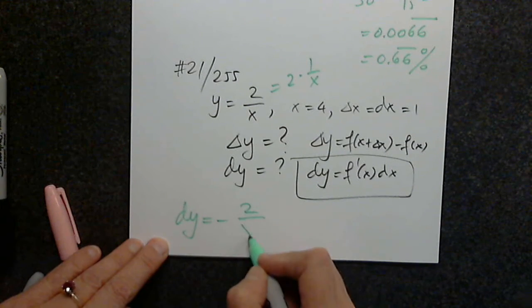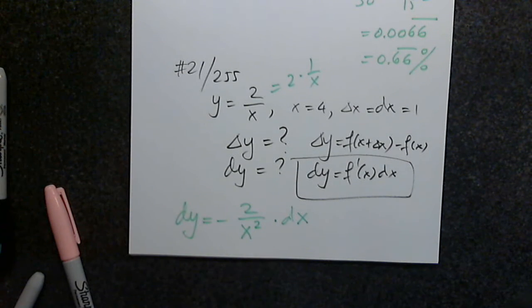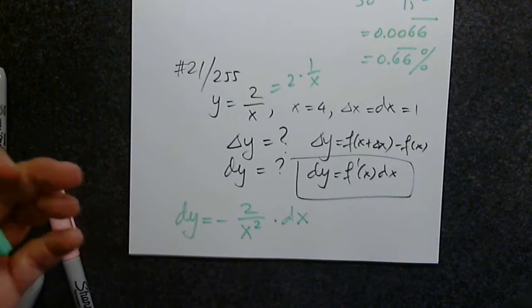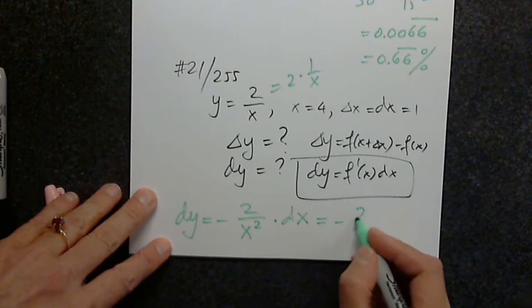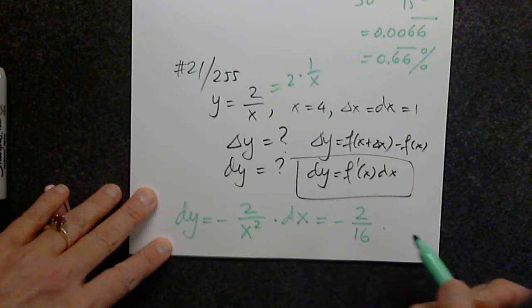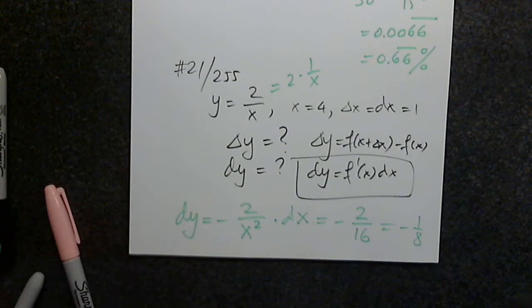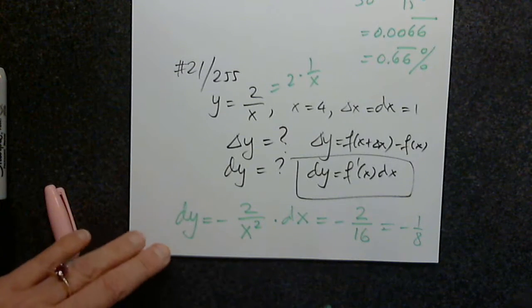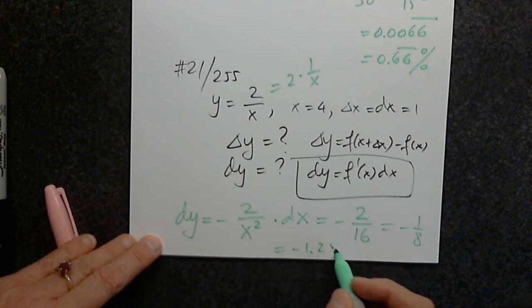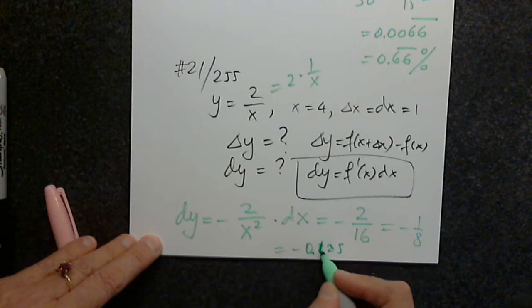So this is negative 2 over x squared times dx. And I just have to plug in the numbers. Negative 2 over x squared is 16, times dx, which is 1. So this is negative 1 over 8, or negative 0.125.